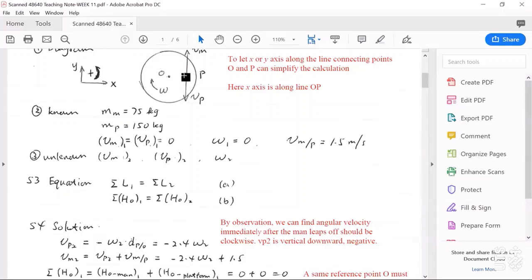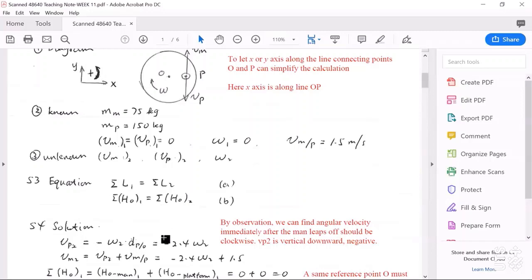Then Vp2, at point P on this platform, should be vertical, downward, and this should be negative according to this defined coordinate system.